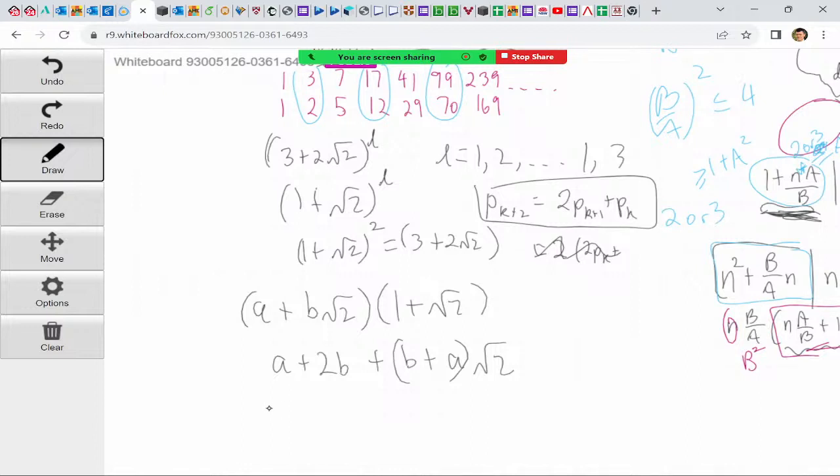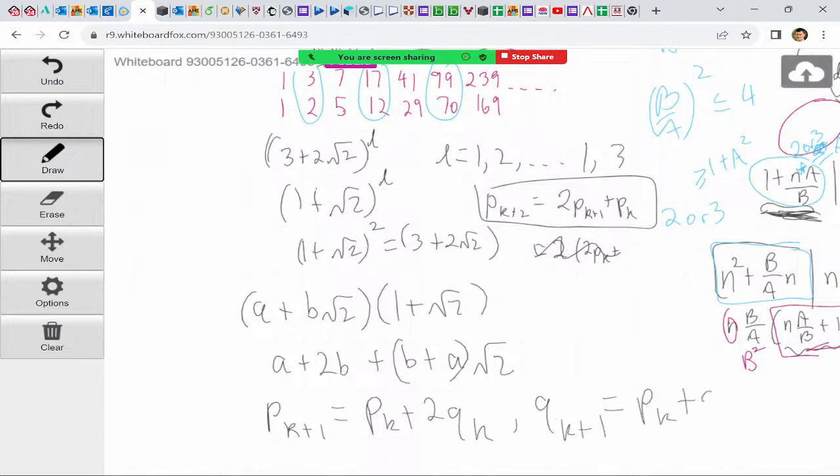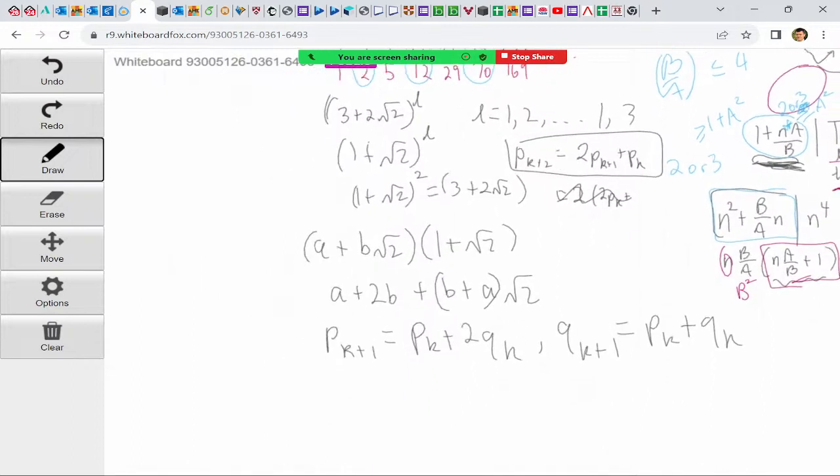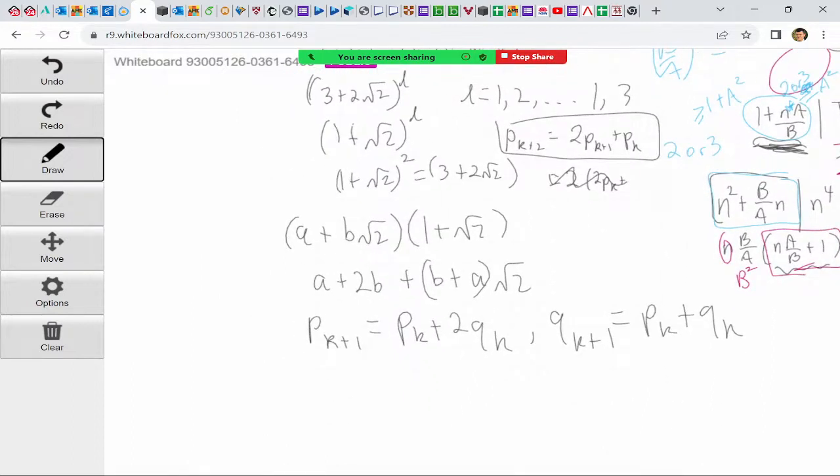So here you have pk plus 1 equals pk plus 2 qk, and qk plus 1 equals pk plus qk. How do I do this? Oh, I just verify it manually using induction.